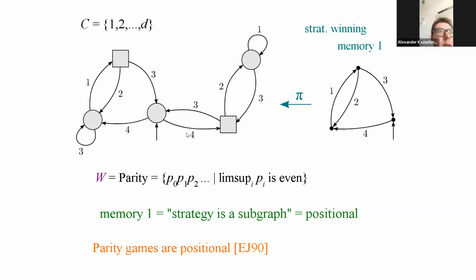And from that, it's easy to deduce that this strategy is winning against not only positional strategies, but any strategy, because if you have any infinite path, then it will have a cycle, and then this cycle can be decomposed. But what do you mean?